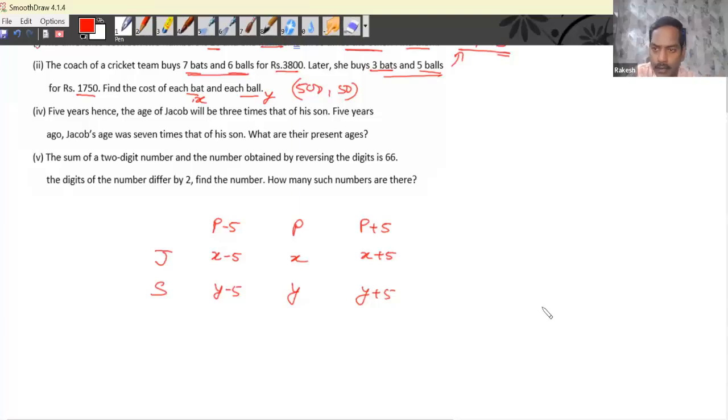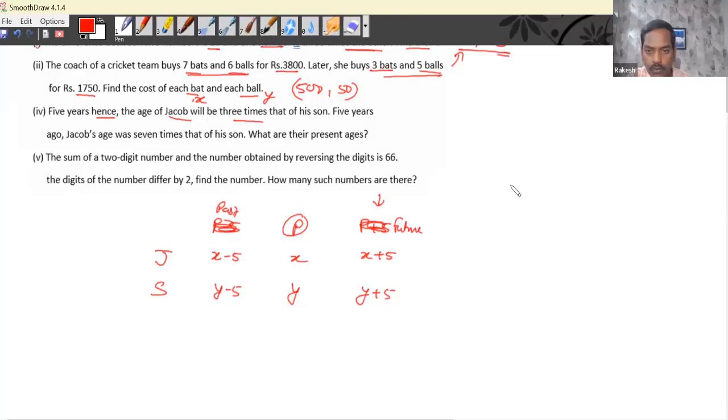Now let us read again the condition. Let's say that 5 years hence, that is about the future. This is about the future, right? This is about the past, and this was about the present. So in the future, 5 years, Jacob's age was 3 times.